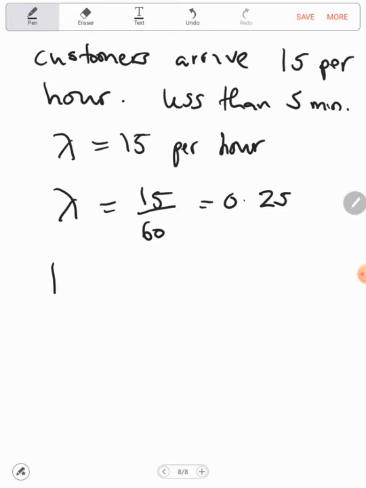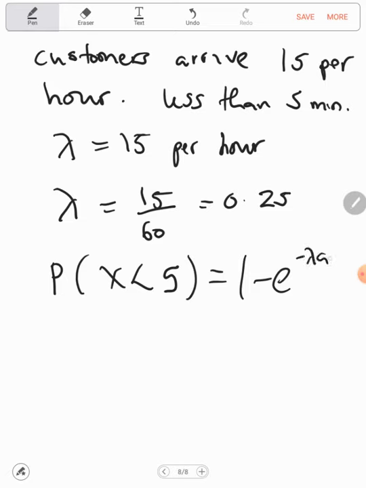So therefore, the probability that x is less than 5 will just be 1 minus e to the power negative lambda a, of course this is the formula. Our a in this case is 5. So therefore we have 1 minus exponential negative 0.25 times 5. Put that on your calculator.